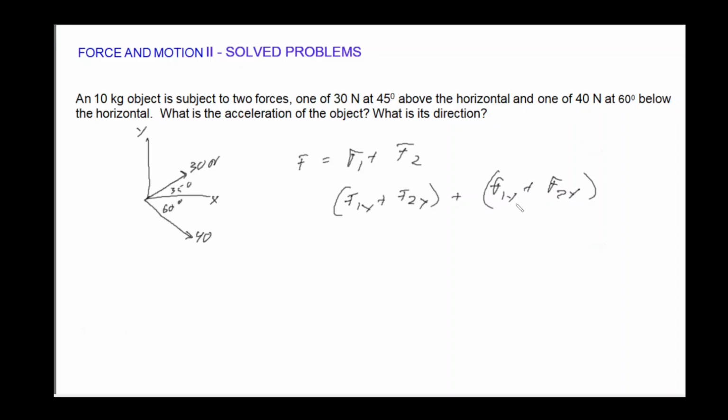So in this case, we'll get our Fx component is equal to F1x, which is 30 times cosine 45 degrees plus 40 times cosine 60 degrees. And that is going to equal the movement in the x direction, mass times acceleration in the x direction.